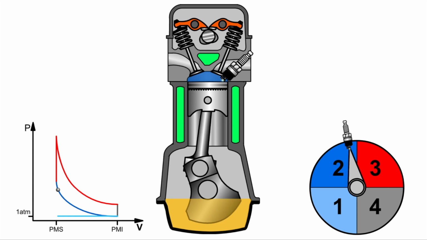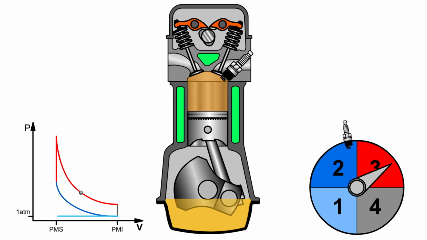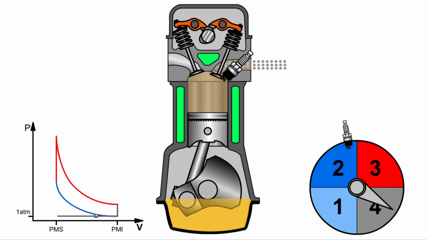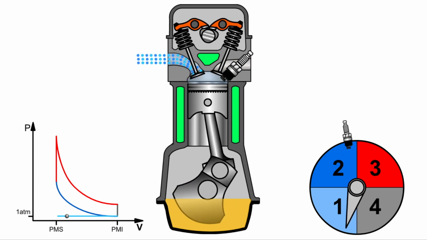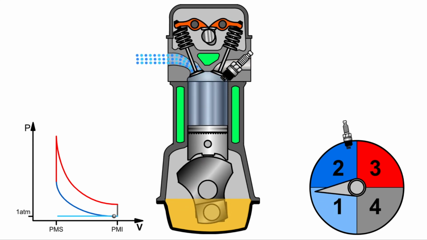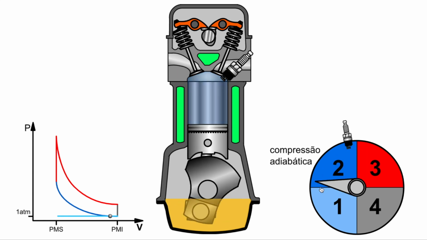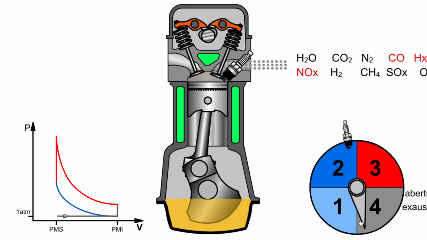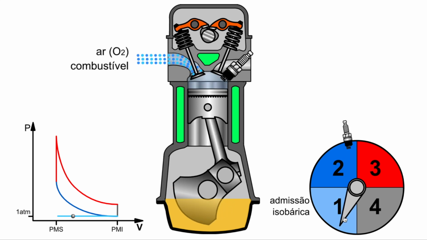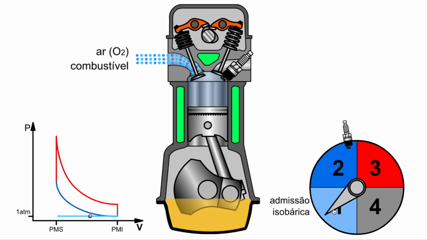I found this animation on a website from Brazil, which you'll see in a second is why the words are all in Portuguese. It's a good illustration of the four-stroke engine cycle that's used on the Model A. So you can see, the engine goes around here. Here's the intake.